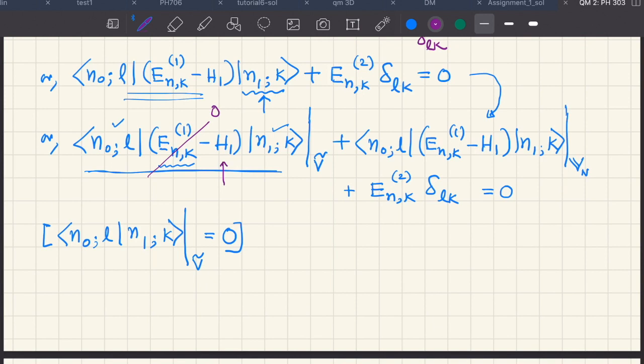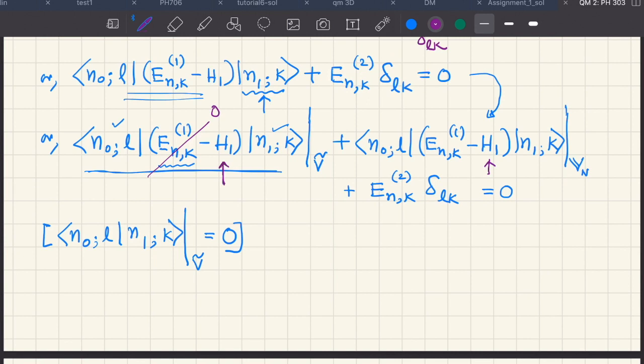But now comes the important question. The question is whether n0L operated by the perturbing matrix H1 will yield an eigenvalue of H1. See, we have this H1 sitting here and H1 sitting here.